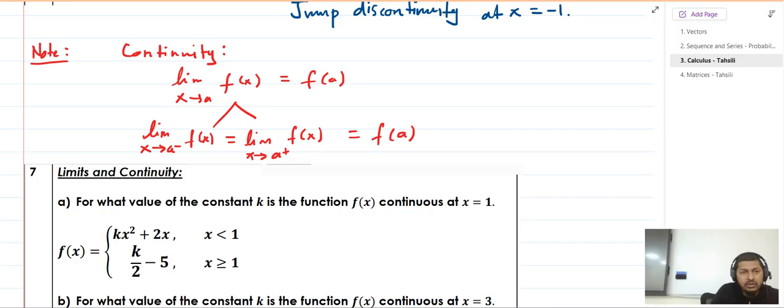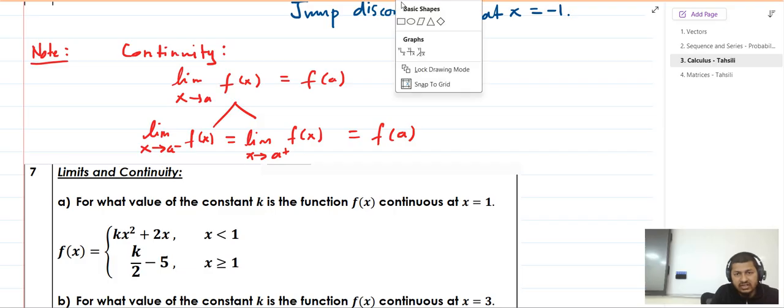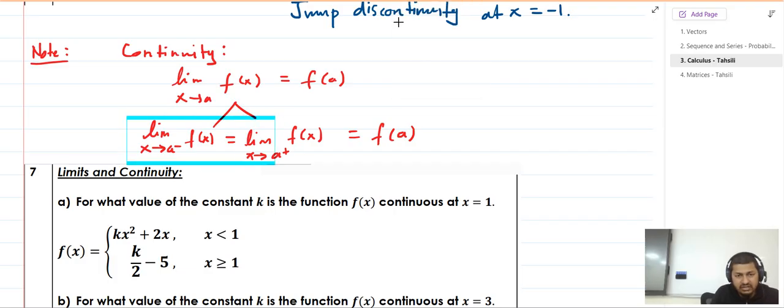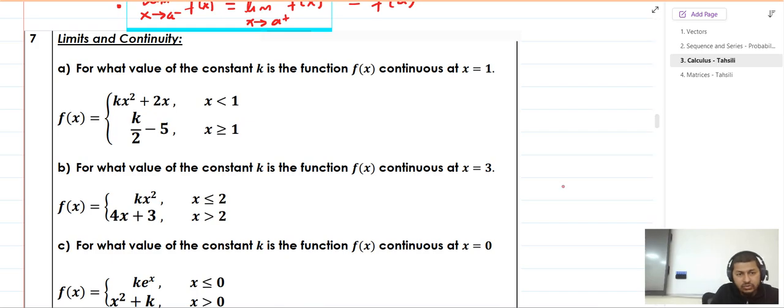Now remember, when we have a split function with greater than and less than, we usually use the left and right hand side functions, like in our cases presented below. So if these two conditions are satisfied, we say the function is continuous at x is equal to a.